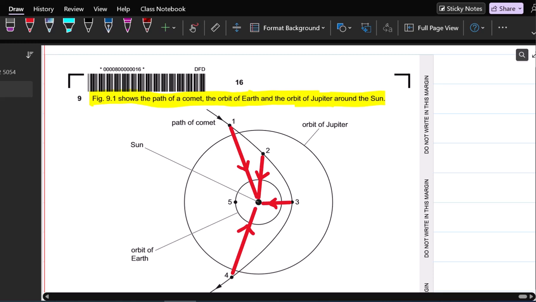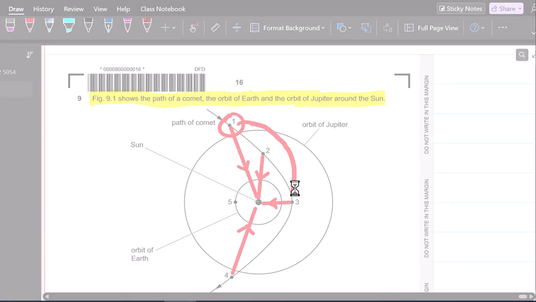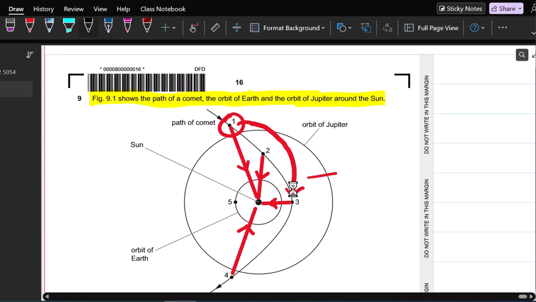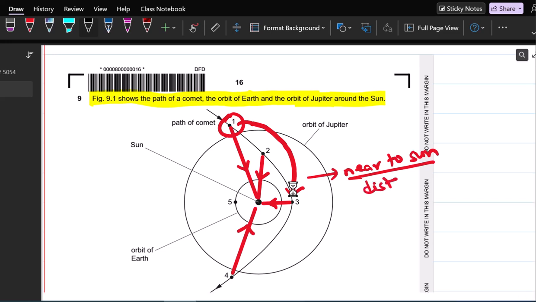When the comet moves from here till position 3, it is near to the Sun, so distance is less. Distance between Sun and comet decreases.